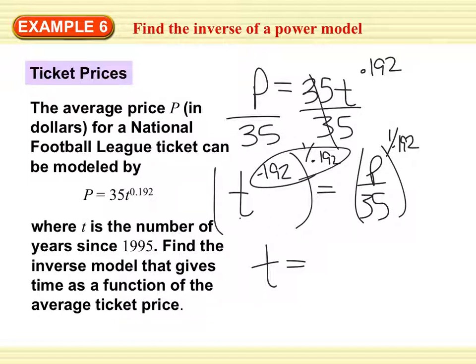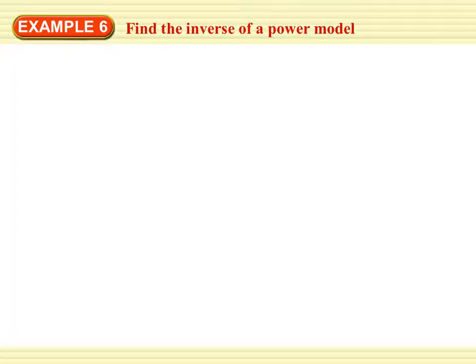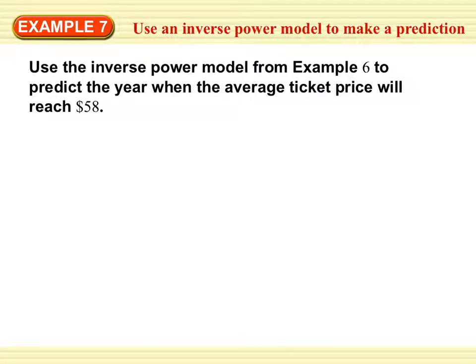I don't like 1 over 0.192. So I'm going to take 1 divided by 0.192, and I get 5.2. And there is my model. Now I can use this model to predict the year when the average ticket price will reach $58.